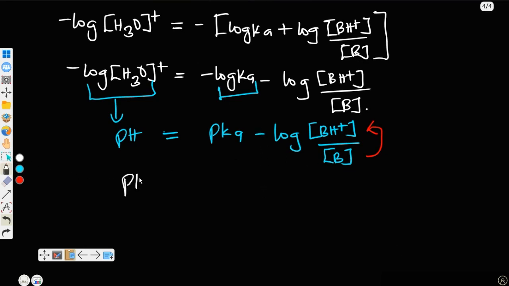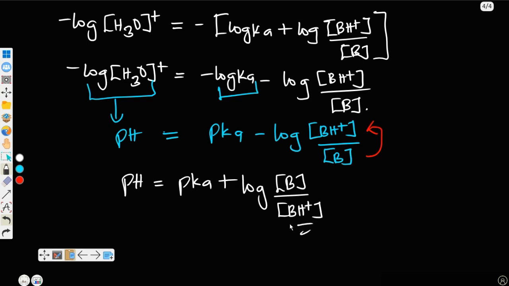So your pH will be equal to pKa plus, you don't need to do all that mathematics, just know that when this one is coming up and this one is coming down, the sign changes to positive. So we'll have log B all over BH+.